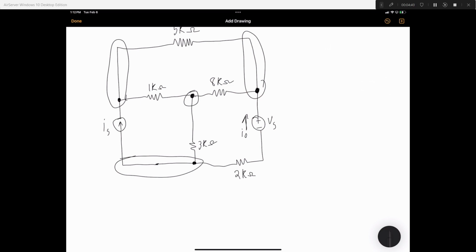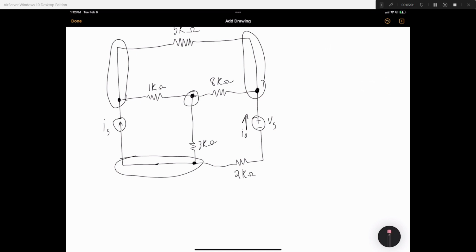Not essential. And now we need to ground one of these nodes. Which one do you think? Typically you ground the one on the bottom. It doesn't matter which one you ground. A good note is that the one you ground should have the most elements connected to it, which makes it easier.